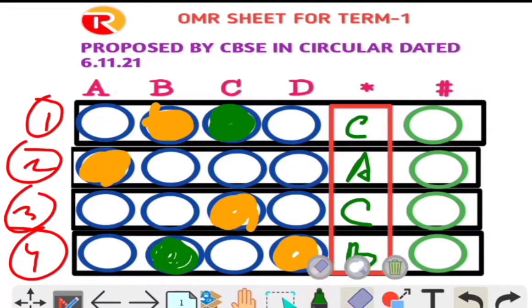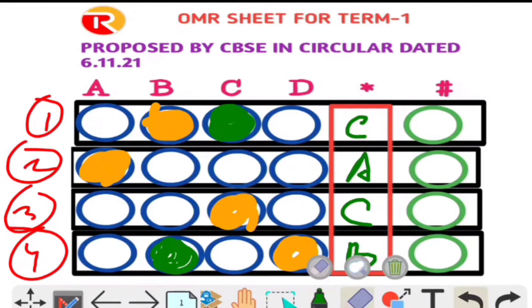Now there is one more place, that is the has box, that is the last box. This has box will be used when you haven't attempted any question. Suppose in question number 1 you don't know the answer, you will not fill up box A, box B, box C, or box D, because you haven't attempted it.